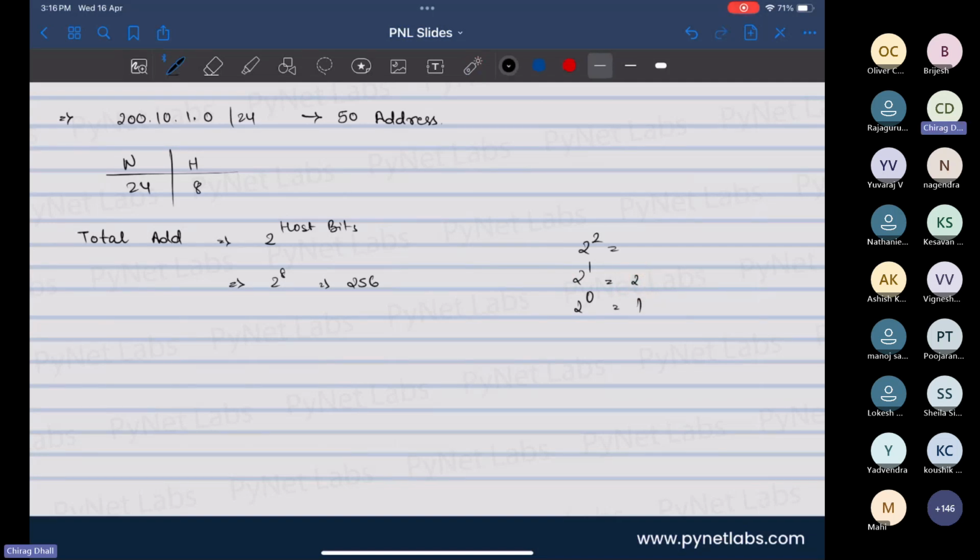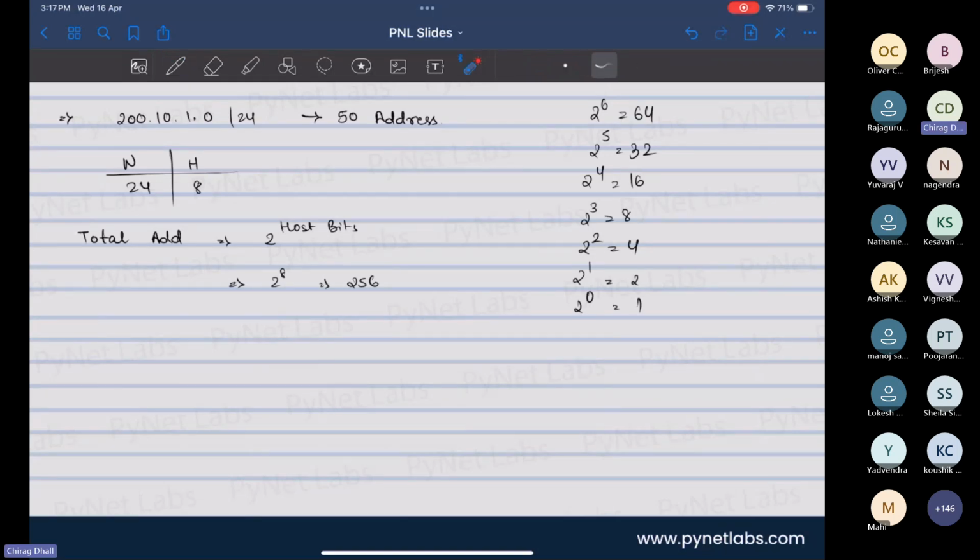Similarly, 2 raised to the power 2 gives me 4. 2 raised to the power 3 gives me 8. 2 raised to the power, okay, I made a mistake there. It should be 2 raised to the power 4. So 2 raised to the power 4 gives me 16, 2 raised to the power 5 gives me 32, and 2 raised to the power 6 gives me 64.